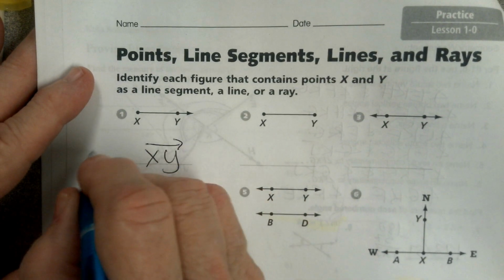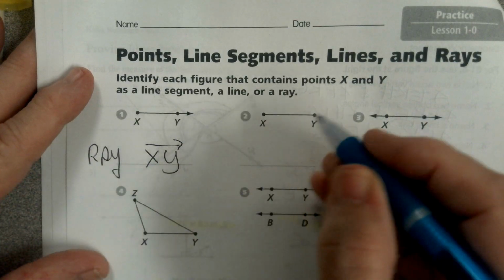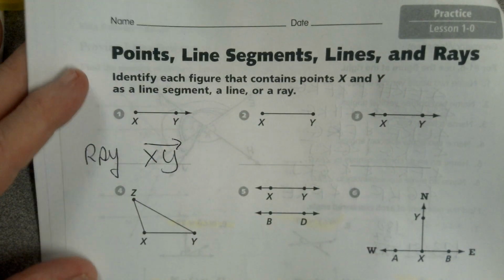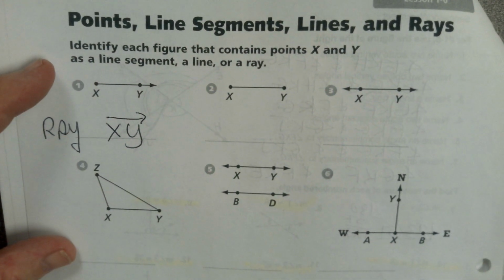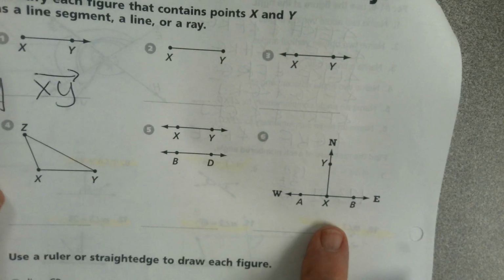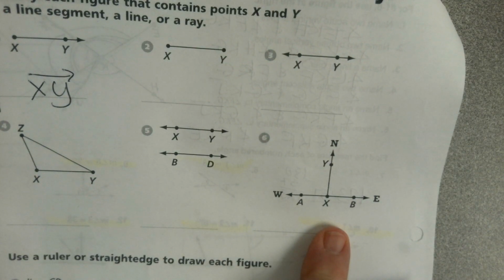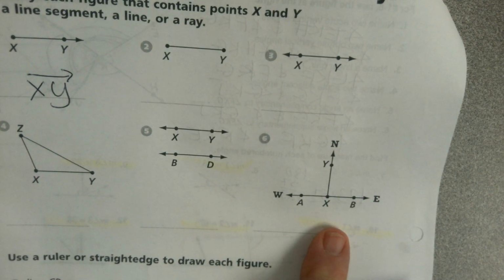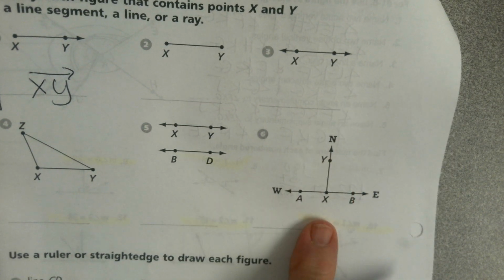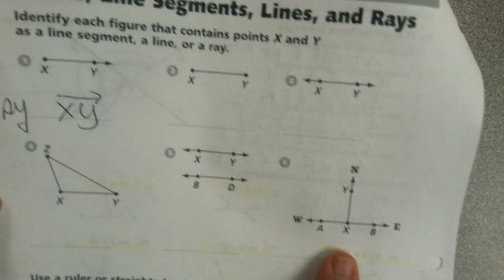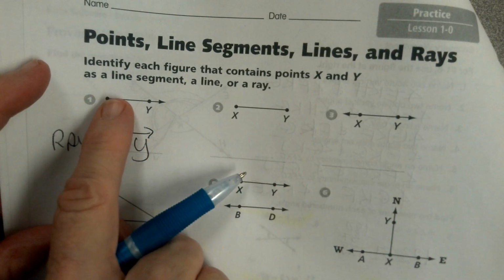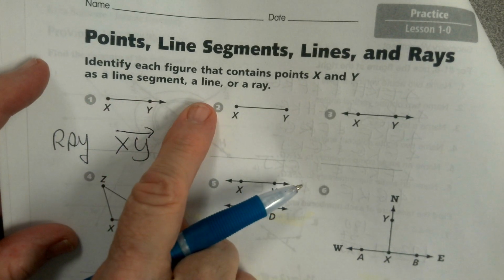In fact, we'll go ahead and put the actual word. We'll use that word. So you're going to finish the rest of them. What are they asking on this one? Identify the figure that contains points X and Y, and say if it's a line segment, a line, or a ray.